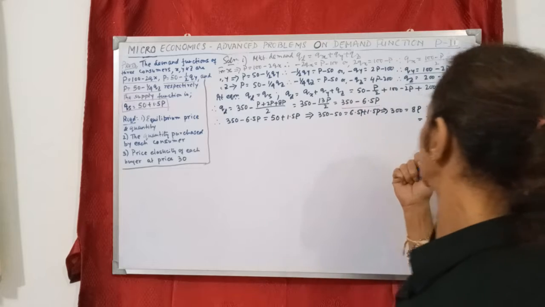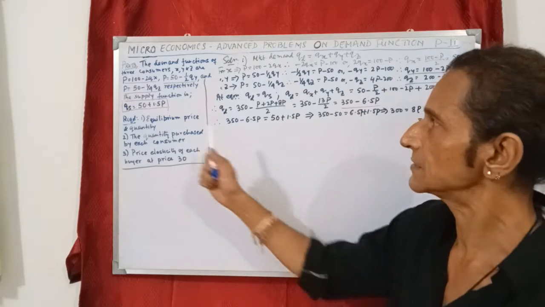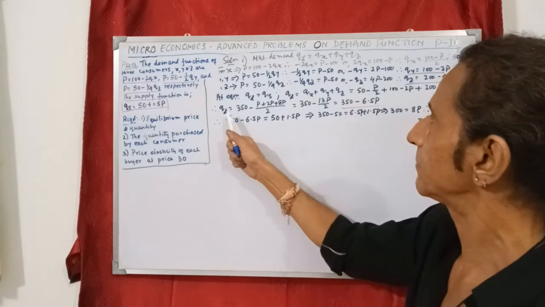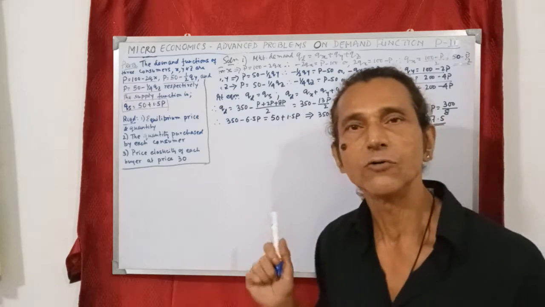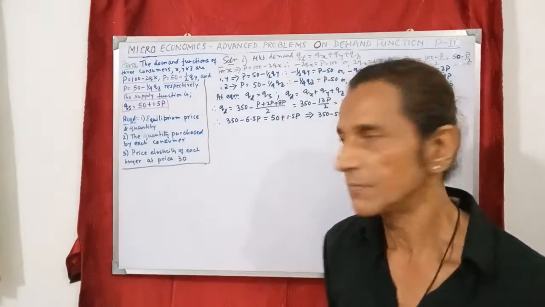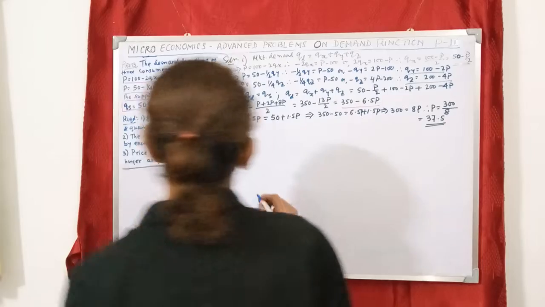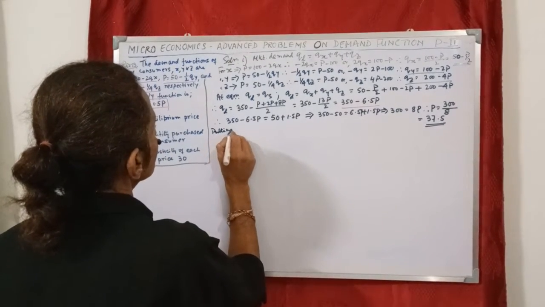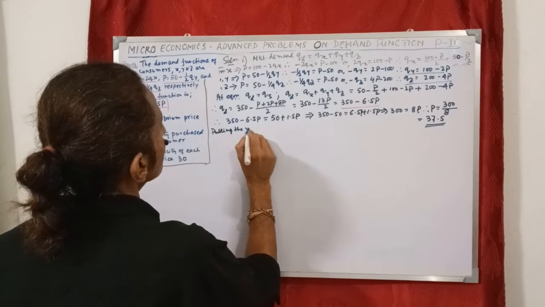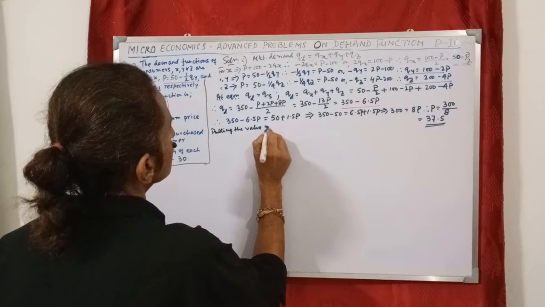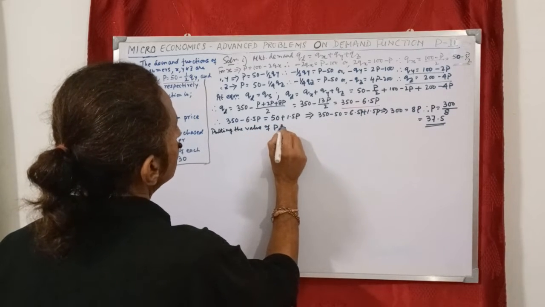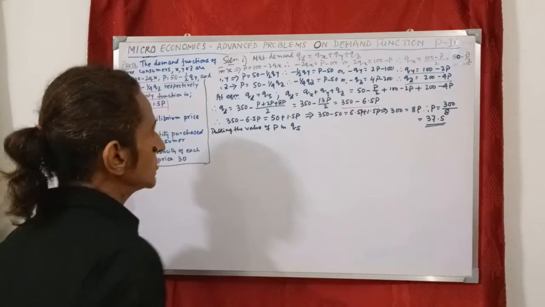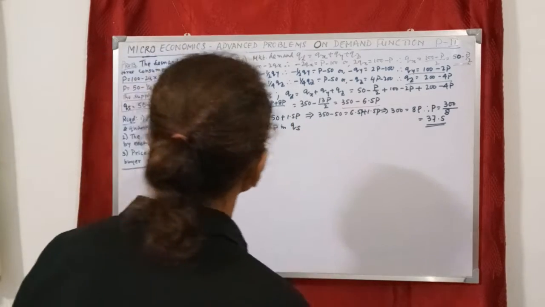Now, if we put the value of P in either the supply function or the market demand function, then we will get the equilibrium quantity. So putting the value of P in QS, we can just as well put it in QD.